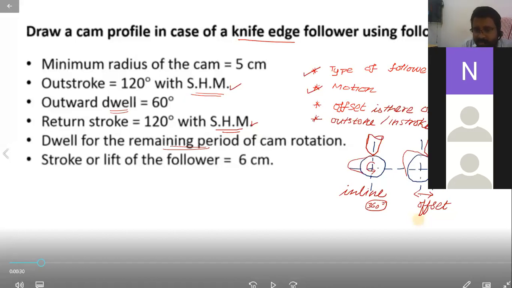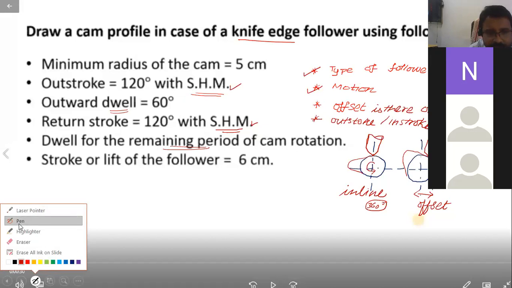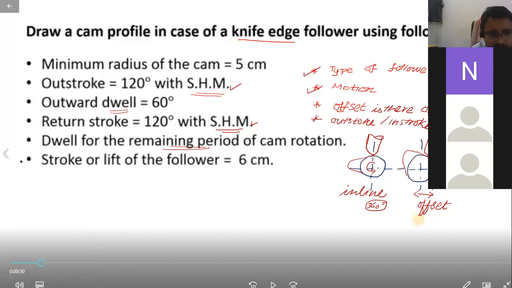So let me draw the displacement diagram first. First, let us draw the displacement diagram.